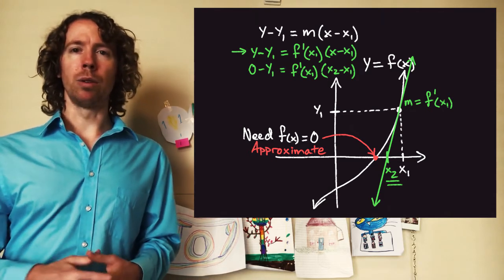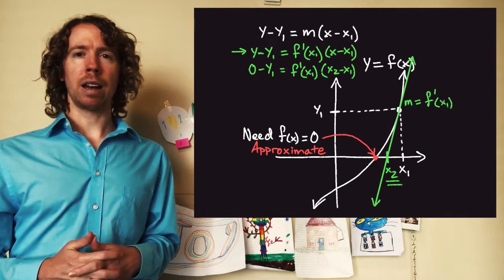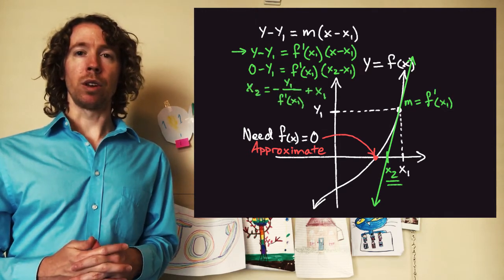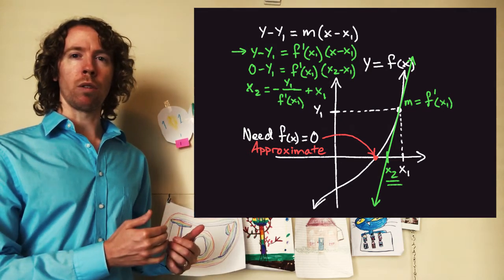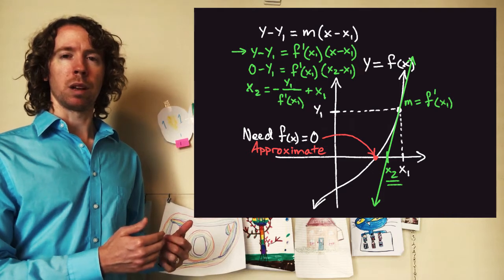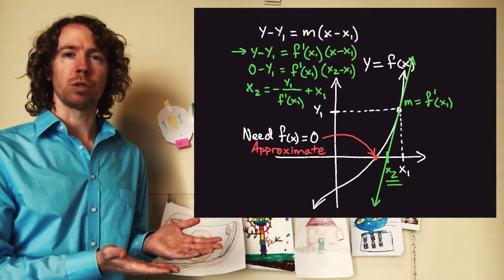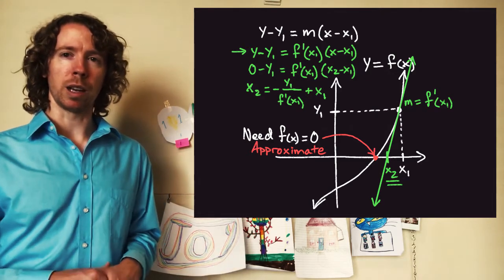Divide both sides by the derivative, and then add x1 to both sides. So then we get x2 is minus y1 over f prime of x1 plus x1. In nice situations, that will be closer to the actual solution than the original approximation that we gave.